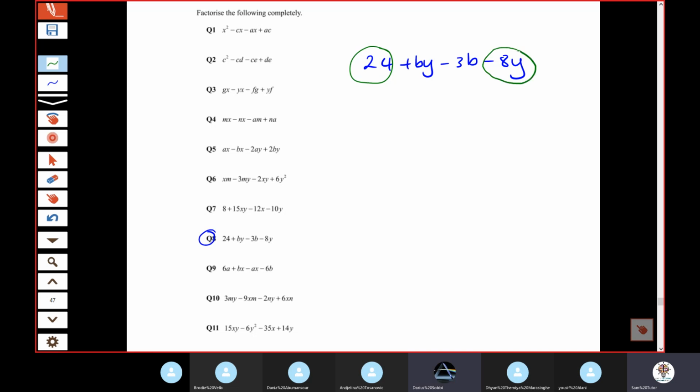Okay, let's try it. So 24 and 8y, what can factorize out? 3. You mean 8? Oh yeah, 8. 8 bracket, and then that should be 3 take away y. Yep, that's good. That can work, that's fine. And then what about the next two now?